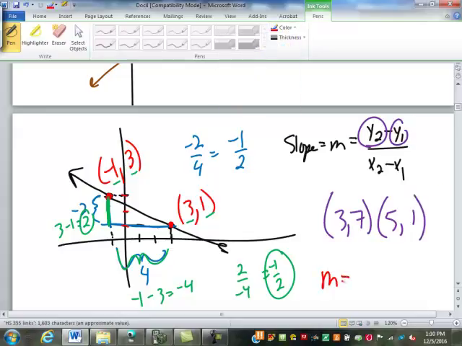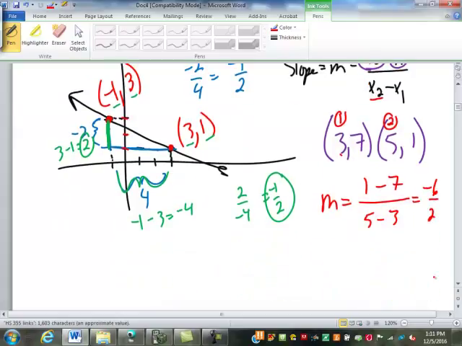So my slope would be, what's the y coordinate of point 2? 1 minus the y coordinate of point 1? 7. Yep, you are correct. That's negative 6 on top. What is the x coordinate of point 2? 5 minus 3, the x coordinate of point 1. That is 2. So negative 6 over 2, or a negative 3 slope.